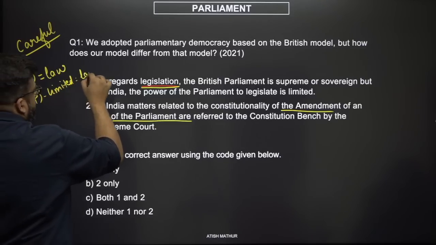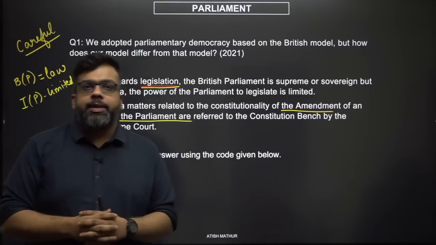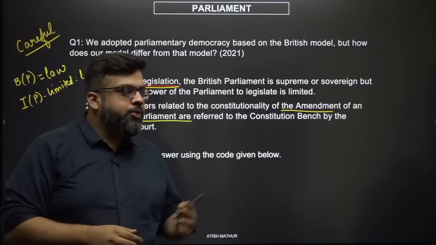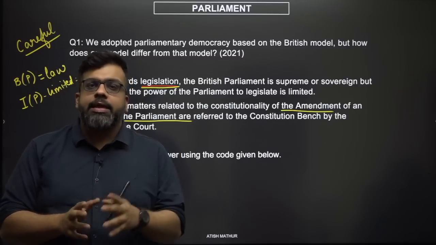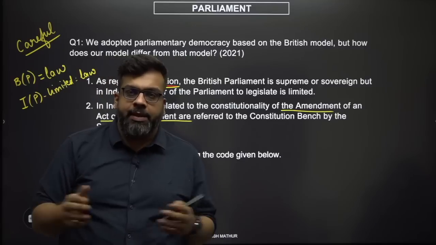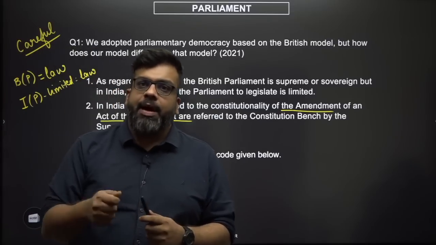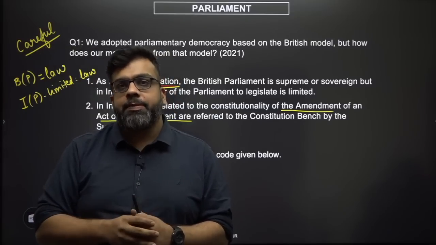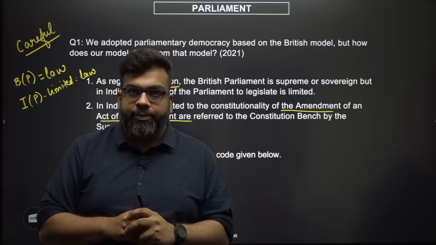Now, we all know that the British system of government is wherein the British Parliament is supreme. That's also because the British government does not have a single written constitution. It has constitutional laws, which basically means several laws have been given a constitutional status, and the power vests with the British Parliament to make any changes to any law as they may deem fit.